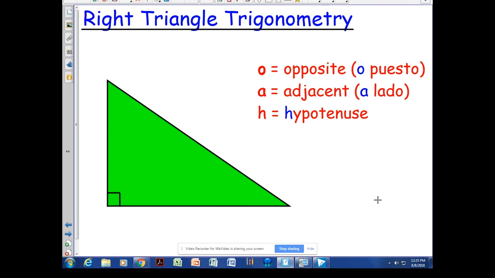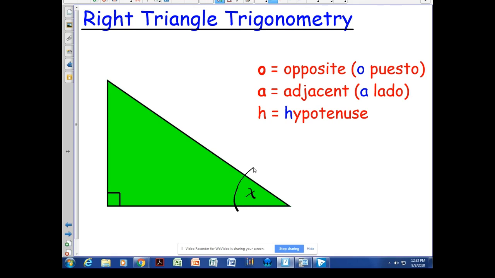There are two acute angles of all right triangles that you could use as the point of reference. So for example, if we're utilizing the angle down here, I'll put a little X there.